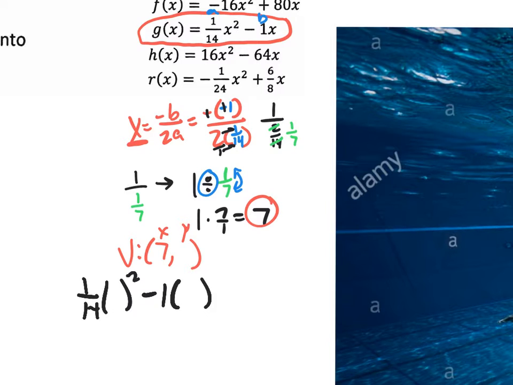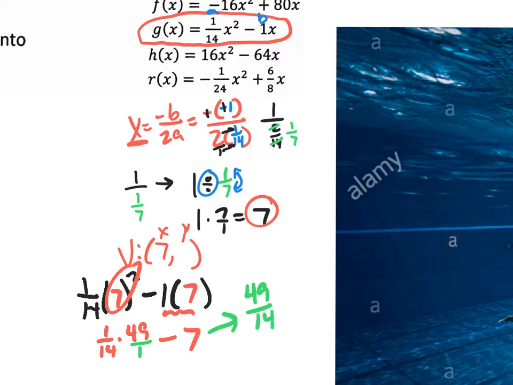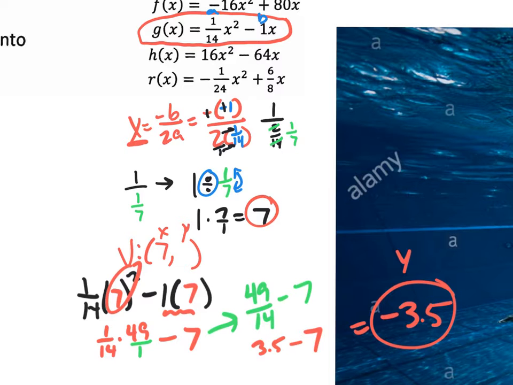And we're plugging in that 7 right in there. 7 squared is 49, so you really have 1/14 times 49 minus 1 times 7, which is 7. So what we really have is 49 over 14 minus 7. And 49 over 14, if you do that with the calculator, it will give you a 3.5. You're going to be subtracting 7 from it, which gives you the final output of negative 3.5. So this is the y value of your vertex, okay?